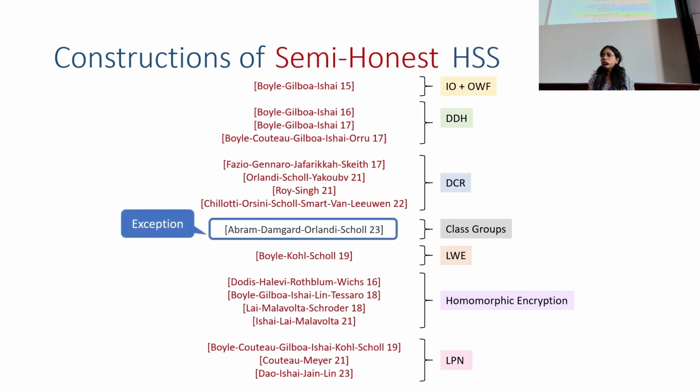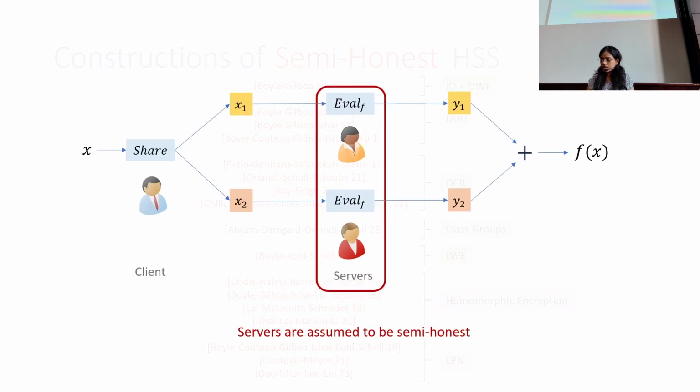However, all of these homomorphic secret sharing schemes, except for one that's highlighted here, which I will talk about later, focus only on the semi-honest setting. And what that means is that these constructions assume that the servers are semi-honest and hence will compute the evaluation algorithms honestly. As a result, the reconstructed value is always guaranteed to be correct.